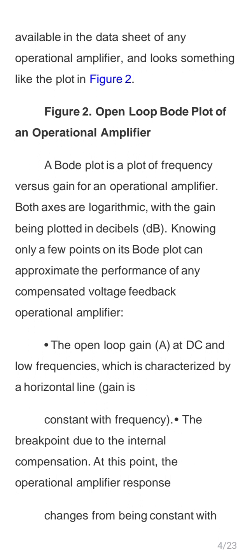The open loop gain at DC and low frequencies is characterized by a horizontal line, which means the gain is constant with frequency, and the breakpoint can be determined here.